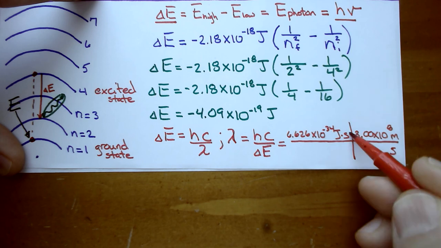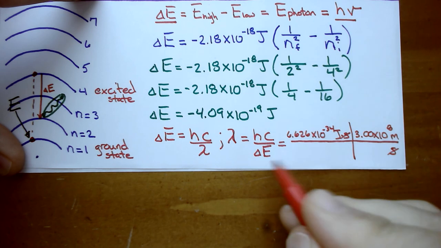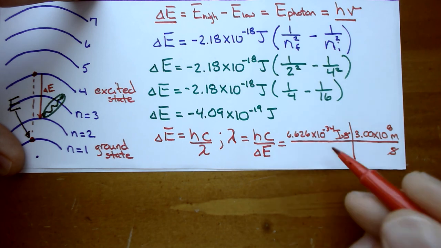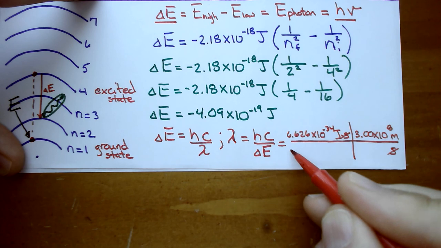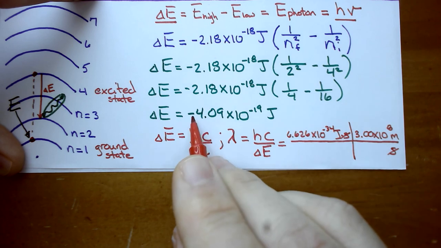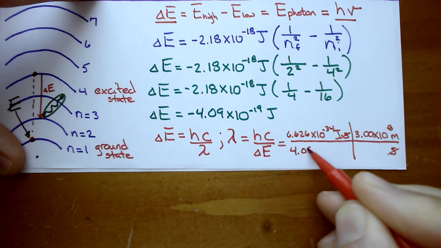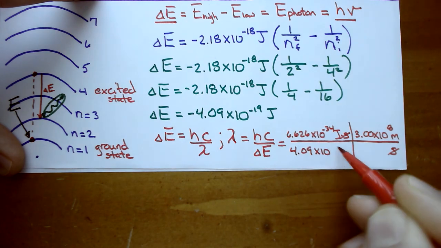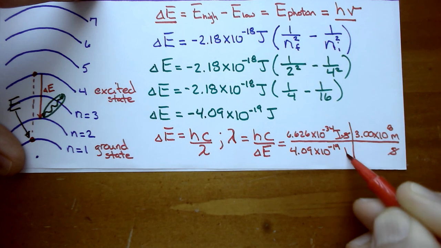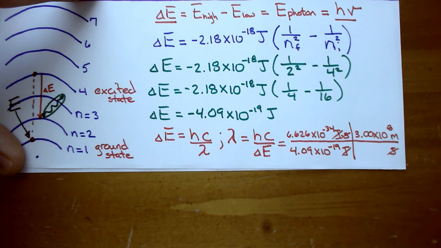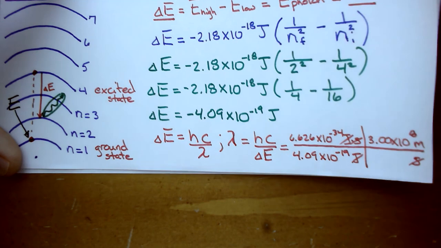So my seconds cancel. And then my energy was, now the negative is because it's being emitted, so I'm just going to use a positive value here, 4.09 times 10 to the negative 19th joules. Joules cancels, so that leaves meters. So my wavelength, I'm going to have to go to another page.